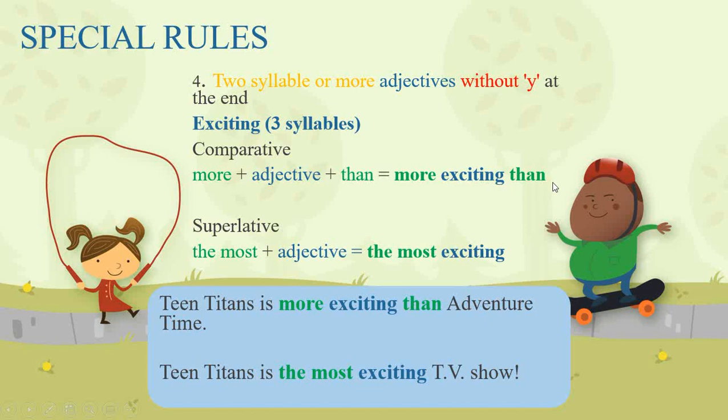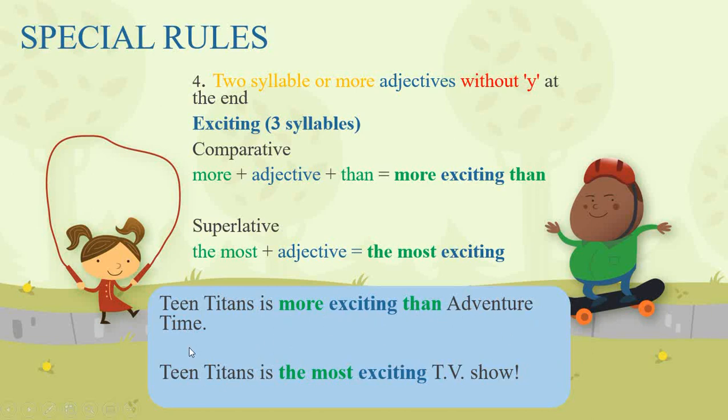This is the comparative form for an adjective that has two syllables or more. For the superlative form, it will be the most plus the adjective, and that will be the most exciting. For example, the sentence: Teen Titans is more exciting than Adventure Time.